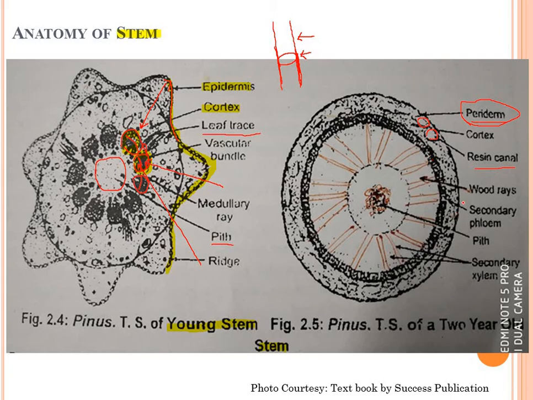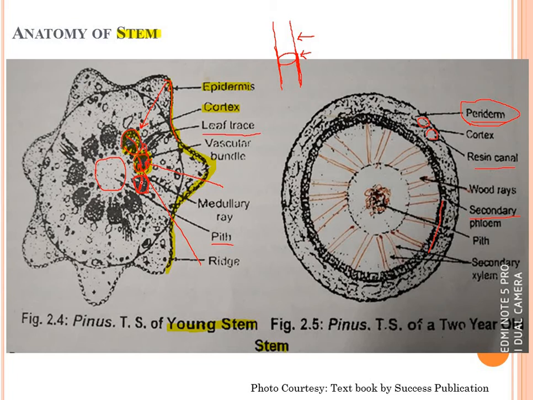Then inside the cortex secondary phloem is formed. How is secondary phloem formed? Secondary phloem is formed due to the vascular cambium. See, in young stem I told that inside the vascular bundle vascular cambium is present. See, this is the vascular cambium between xylem and phloem. In initial stages primary xylem and primary phloem are formed.